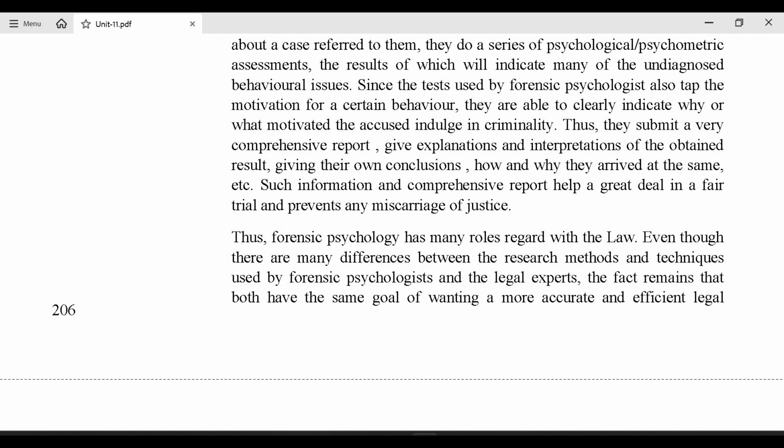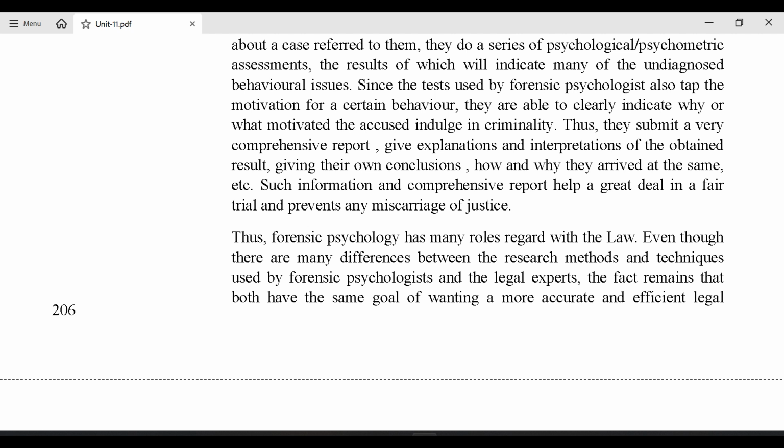Thus, they submit a very comprehensive report, give explanations and interpretations of the obtained results, giving their own conclusions, how and why they arrived at the same, etc. Such information and comprehensive report help a great deal in a fair trial and prevent any miscarriage of justice.